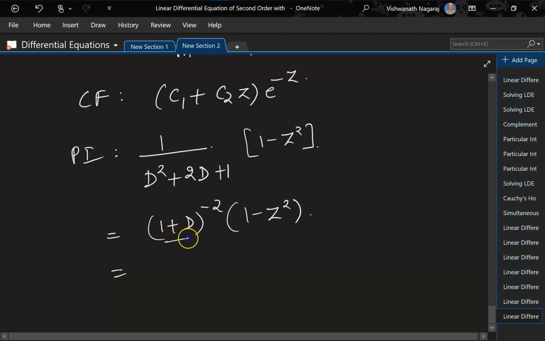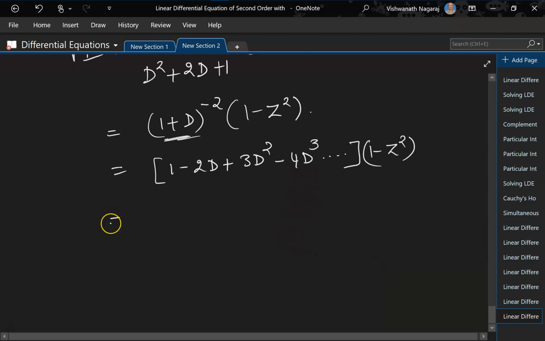And this can be written in the series form: 1 minus 2D plus 3D² minus 4D³ and so on, applied to 1 minus z².